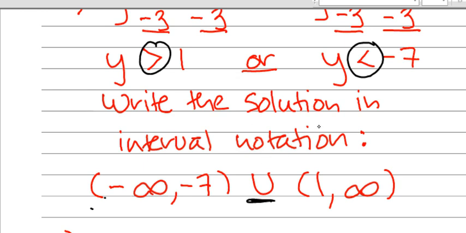And again, it's infinity, so it's going to be a parenthesis. So that's my interval notation for number 10. So I've got the answer here and the interval notation with it.